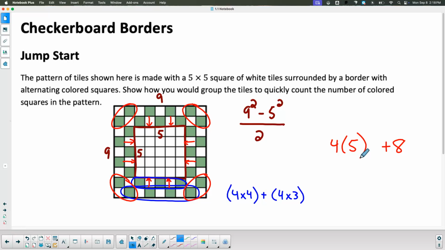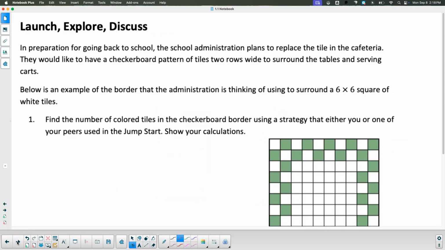Now, plans change. Instead of it being a 5 by 5 square, now it's a 6 by 6 square.